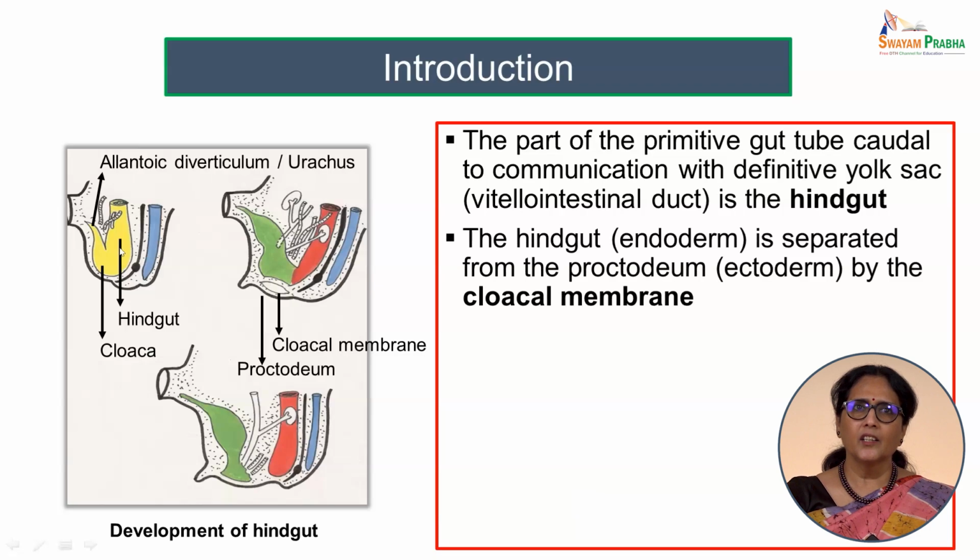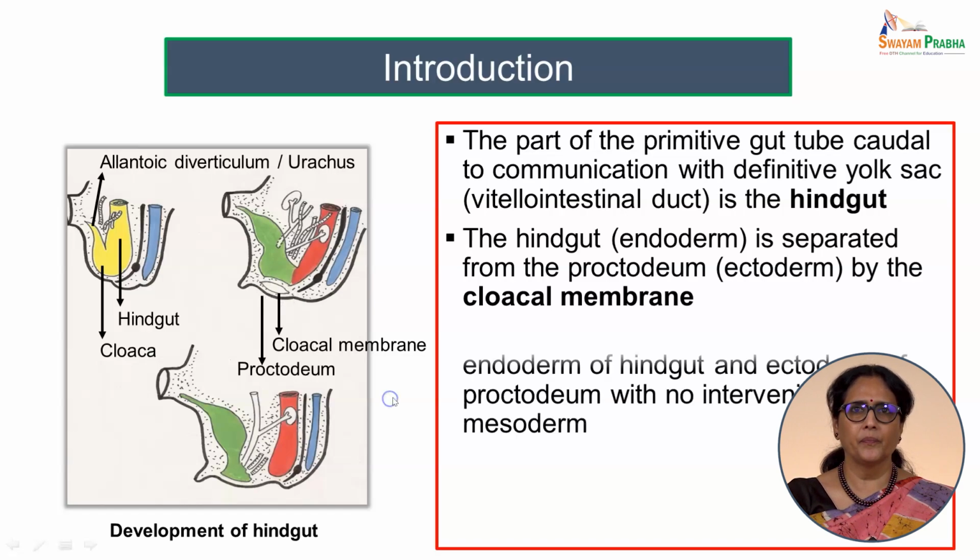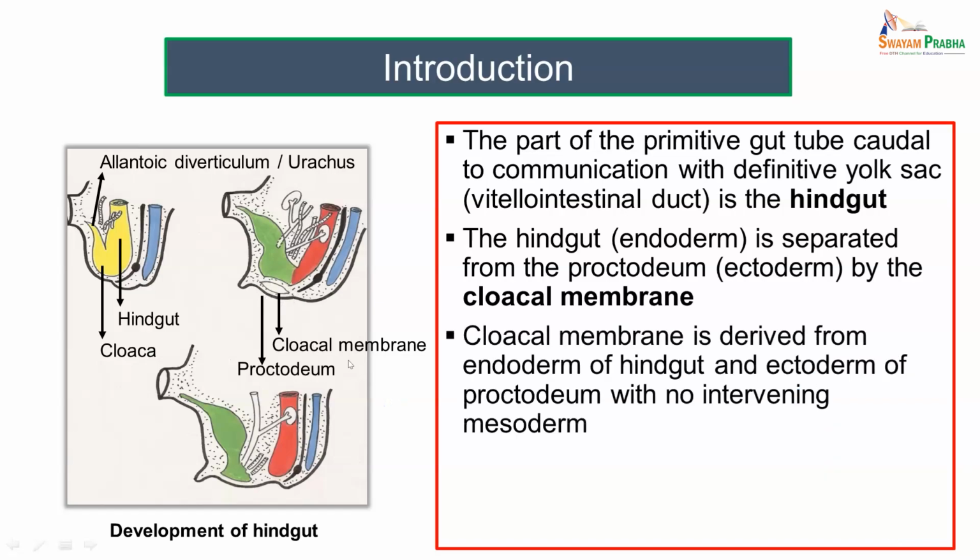The hindgut, which is derived from endoderm, is separated from proctodeum, which is derived from ectoderm, by the cloacal membrane. The cloacal membrane is derived from endoderm of the hindgut and the ectoderm of the proctodeum, with no intervening mesoderm.